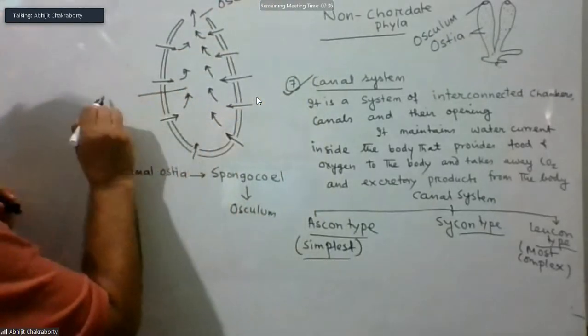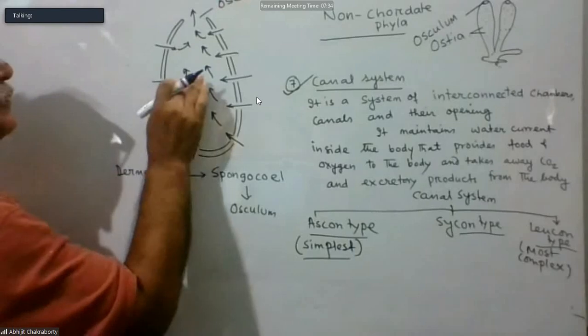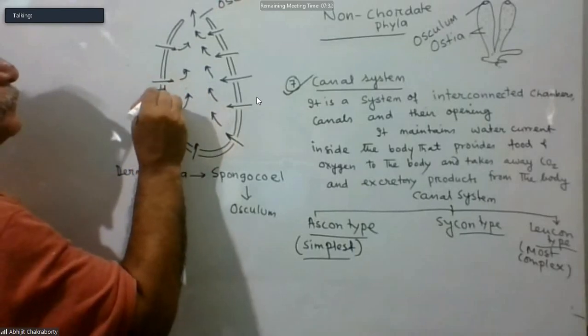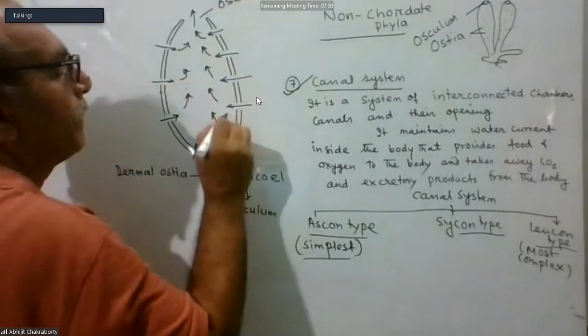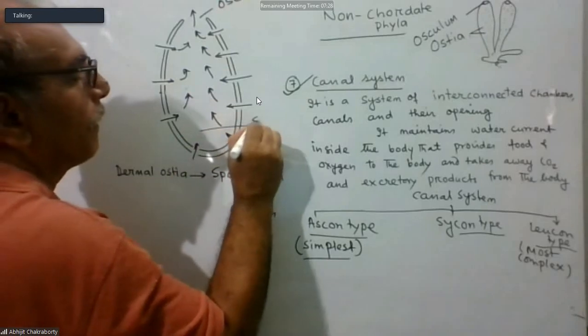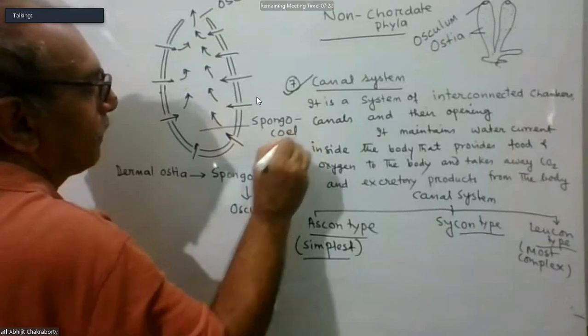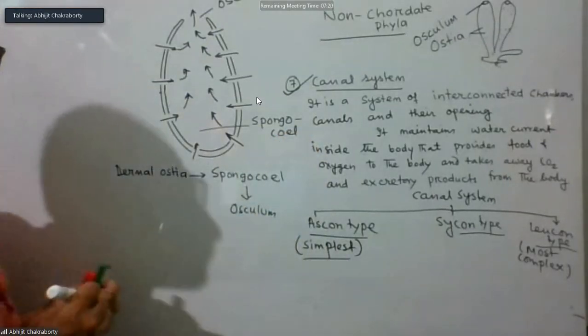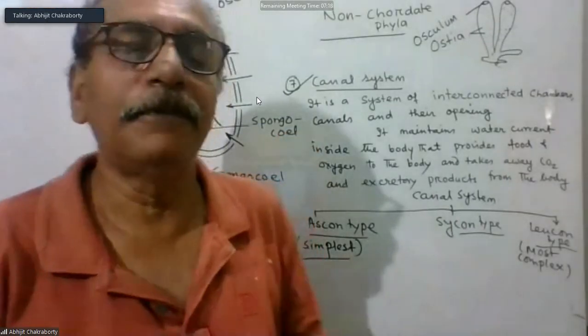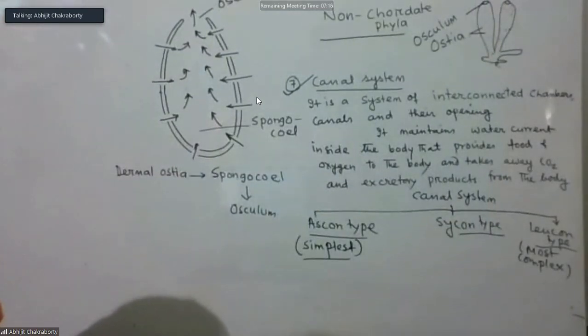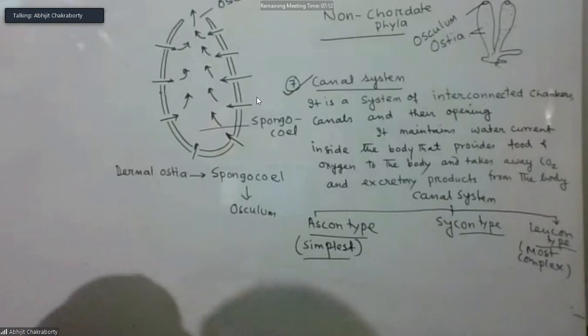This type of canal system is the simplest type, called the Ascon type, found in Leucosolenia.